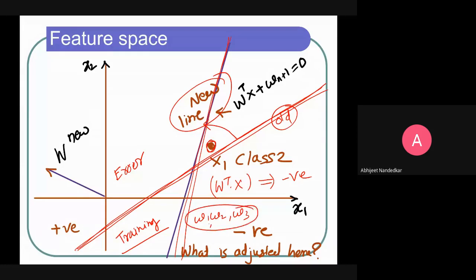So if I play with W1, W2, W3 of this line, that is W1x1 plus W2x2 plus W3 equal to 0, then I can adjust the line.